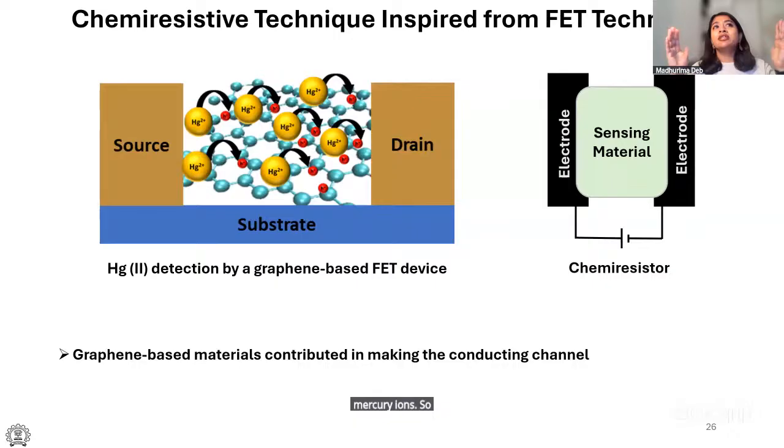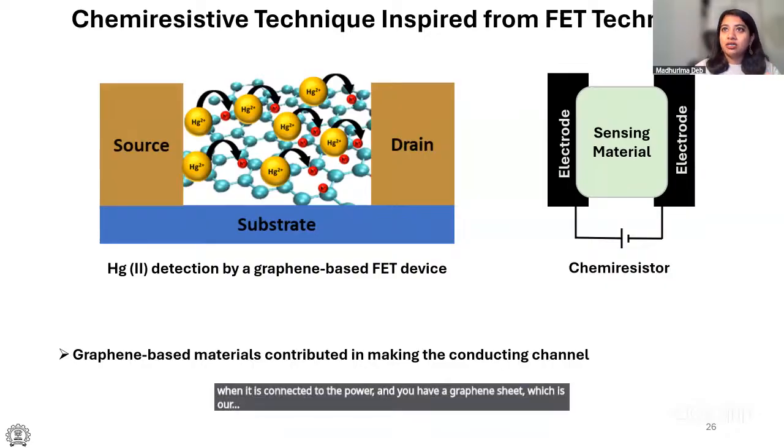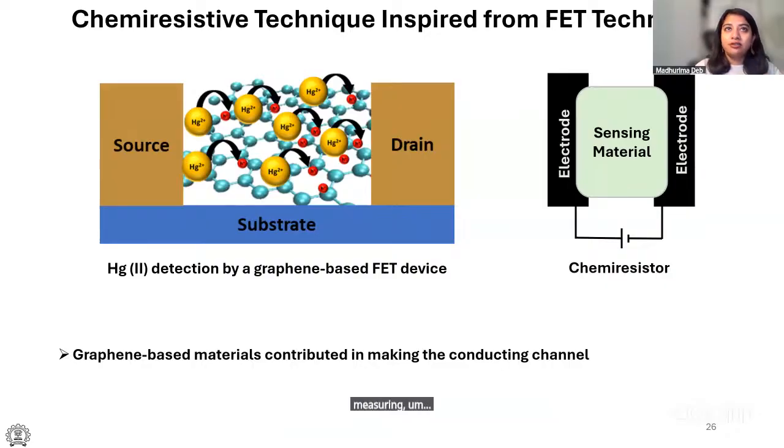When it is connected to the power and you have a graphene sheet, which is our measuring material, and it comes in contact with the analyte, there is an exchange of holes, and holes will increase in the case of a p-type material, based on what you have functionalized the graphene sheet with.